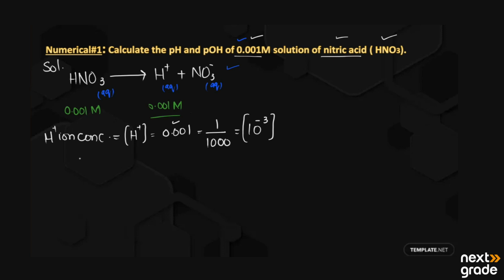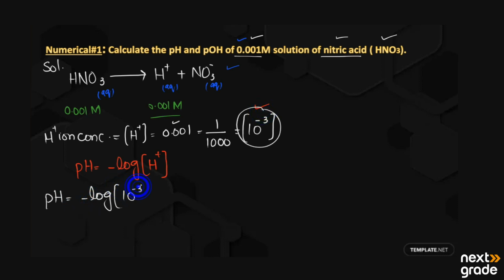The formula that we need to find the pH is the negative log of hydrogen ion concentration. By putting the value, pH is equal to negative log of 10 raised to power minus 3.